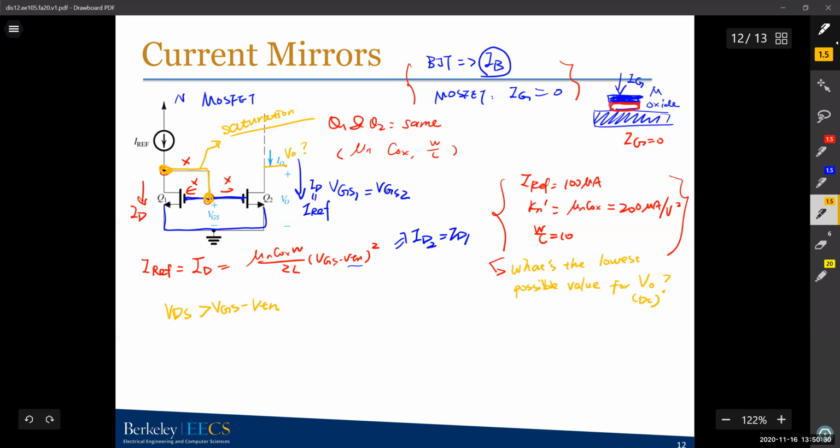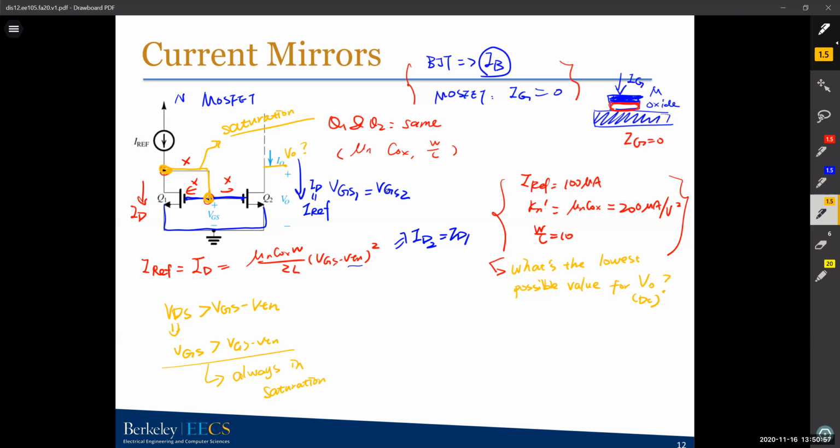If you connect your gate to the drain, your VDS just equals VGS, which must be greater than VGS minus VTN. So this device is always in saturation. This is an important feature for a current mirror: for MOSFETs, we try to keep them in the saturation regime.